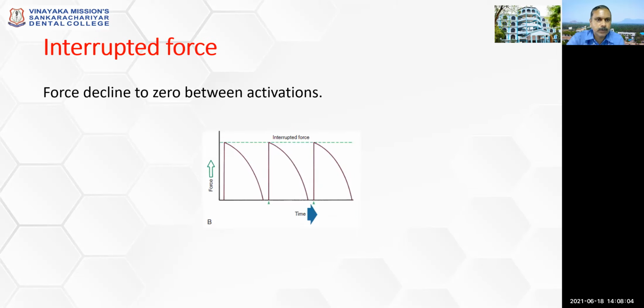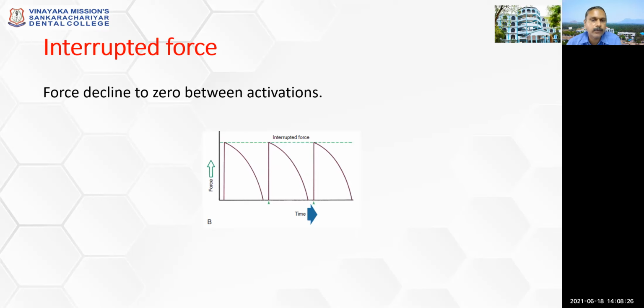Interrupted force is also something which breaks in between, but only with the operator's control can it be removed. For example, if a quad helix appliance, which is a fixed expansion orthodontic appliance, is fixed in the patient's mouth, it can be removed only by the operator.